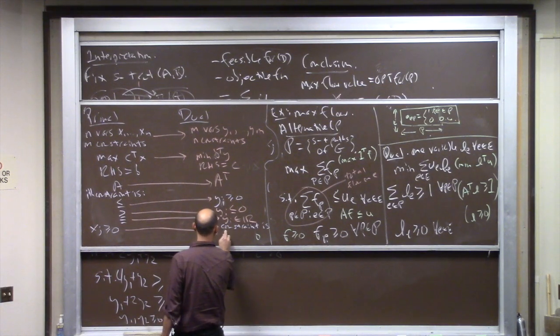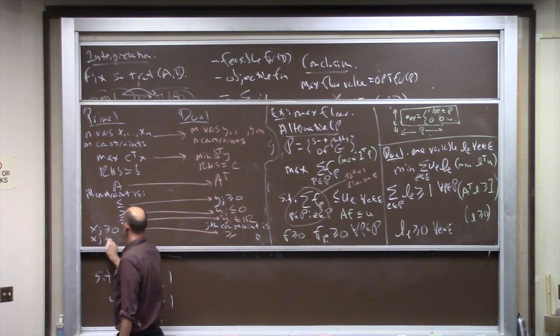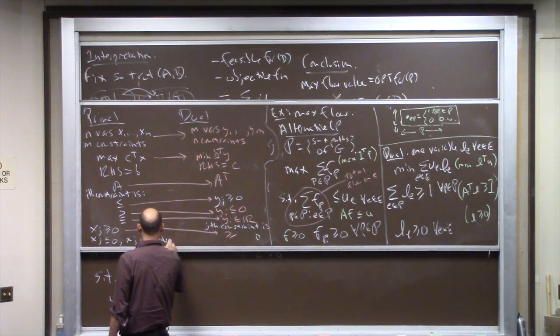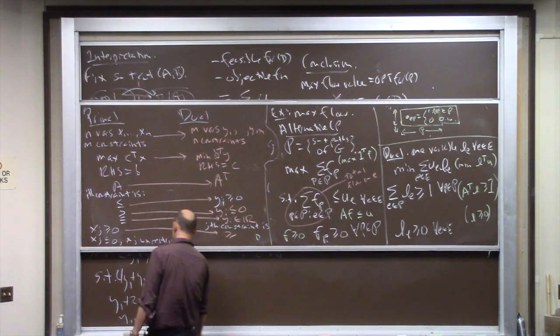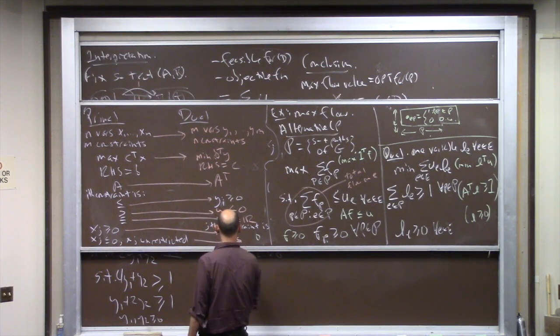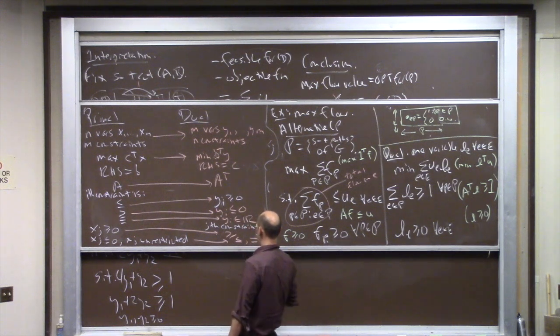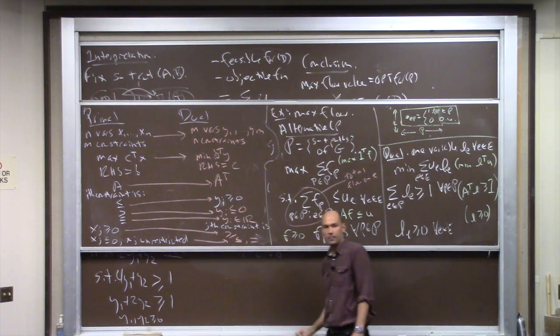And you can guess what's up with the rest. If it's non-positive, then you get a less-than-or-equal-to constraint, and if it's unrestricted, positive or negative, then you get an equality constraint.